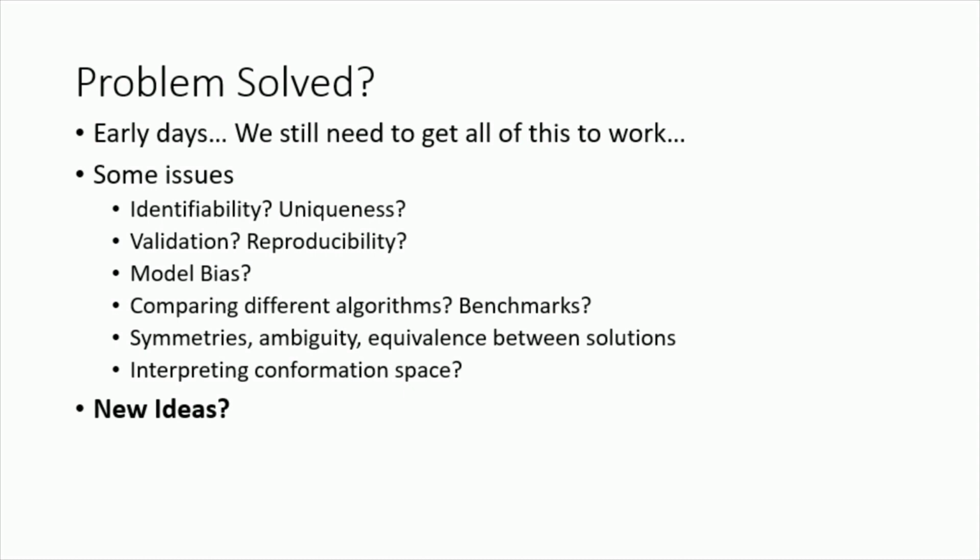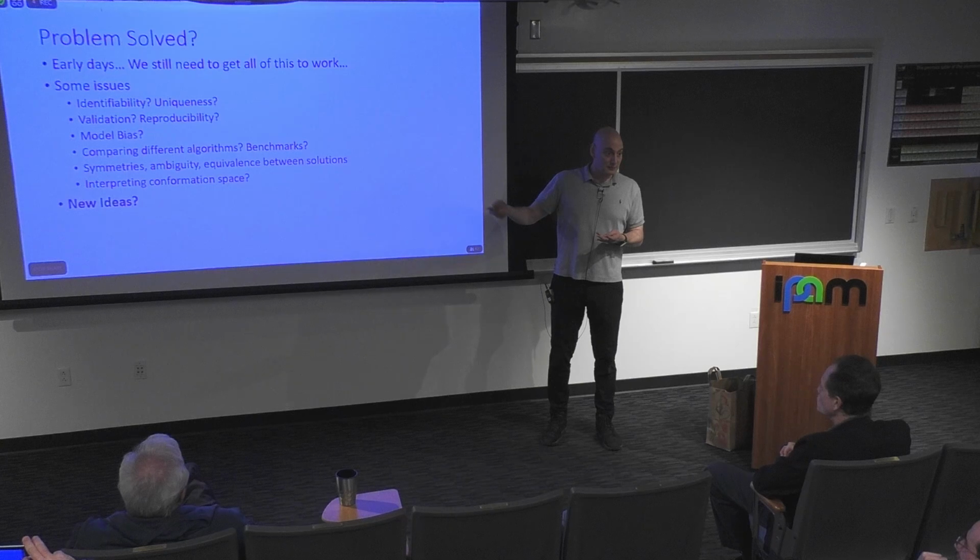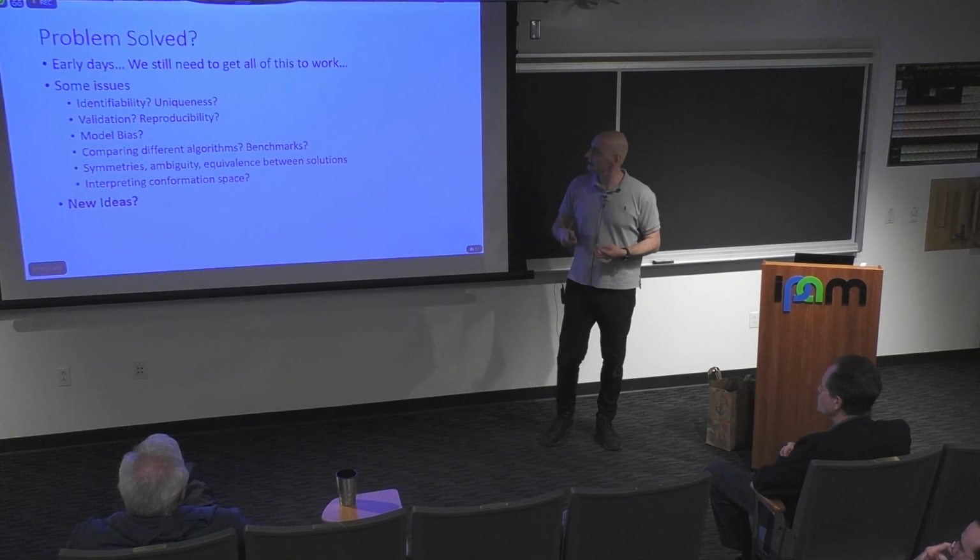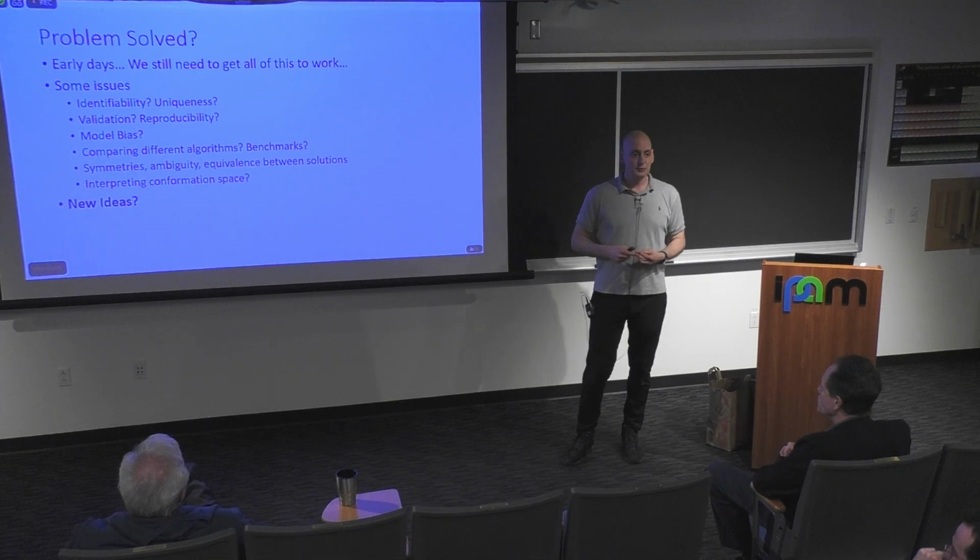In many ways this is the early days of continuous heterogeneity. There's a lot of ideas. I always think we've covered all the ideas, and then another idea comes up. And there are a lot of issues that we've barely started touching, like even just identifiability of this problem. Is it possible to get the different conformations without a ton of assumptions? How do we validate any of this?